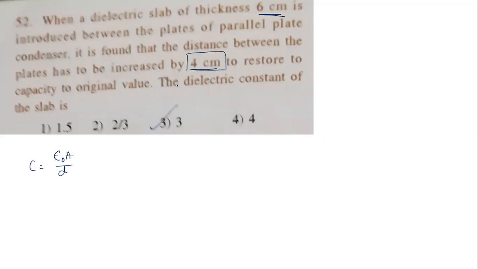Initially D was 6 centimeter. Now we are going to introduce that 6 centimeter dielectric slab in a capacitor. For example, if I draw a diagram, this is the initial capacitor, with initial distance D equal to 6 centimeter, having capacitance, let me say C naught.